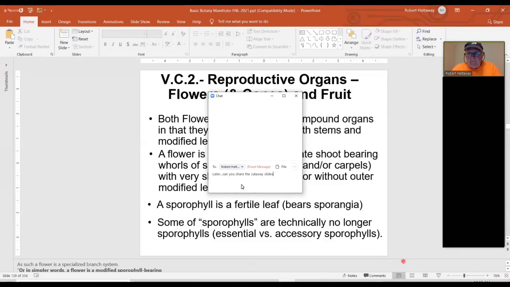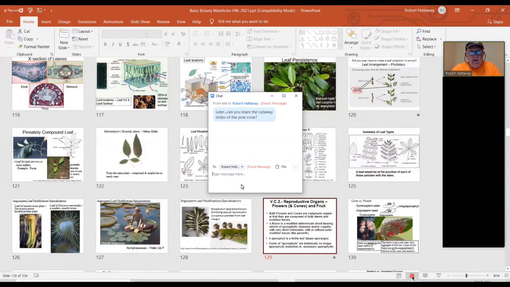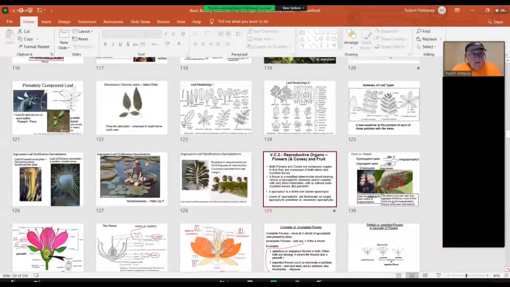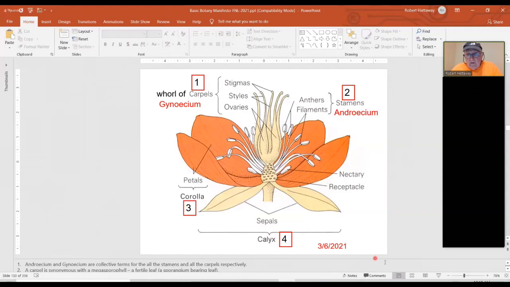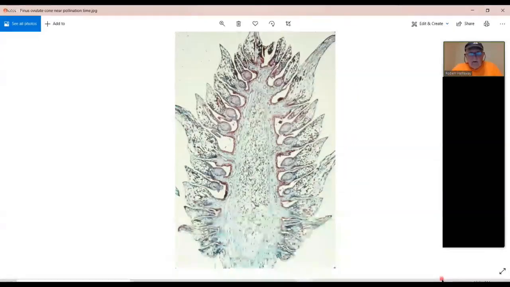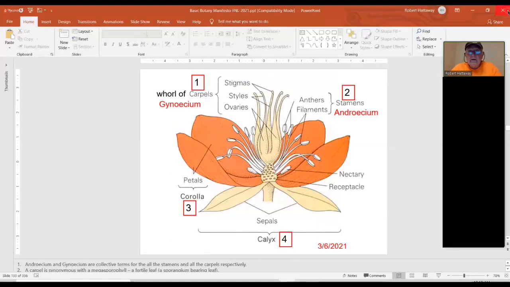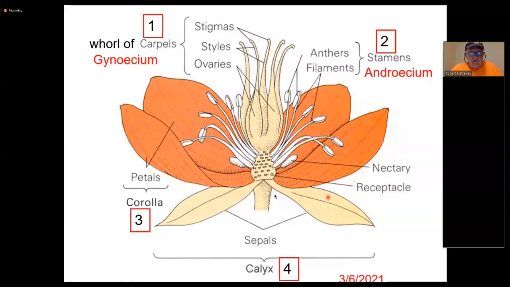So let me jump on ahead of myself. In a flower like this one, this shows very short internodes, even tighter, more clustered than the cone we just dealt with.